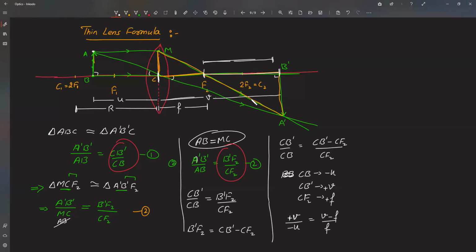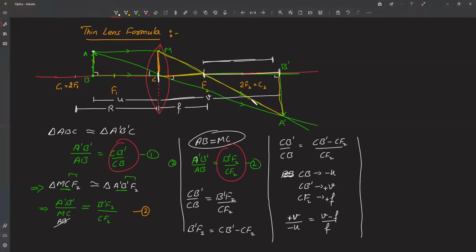Now you have to simplify this. So in order to simplify, we divide and multiply the expression by v.